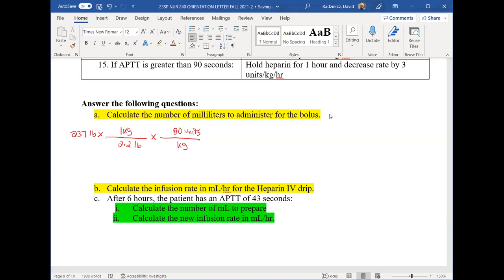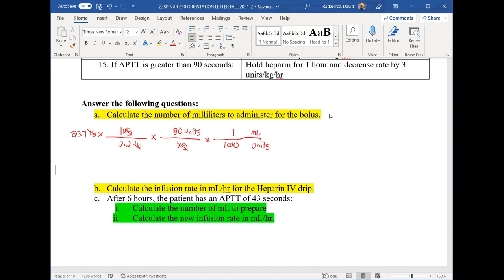I'll show you an alternative way to this in just a moment, but just so you know, this is one of the reasons why I don't like doing it this way, because it is a lot of steps. I don't want units at the end of all this, so I like to cancel out units as we're going along. Okay. So kilograms is gone. So right now I'm left with units. I don't want units. I want milliliters. And if you remember, our available for our bolus is 1,000 units per milliliter.